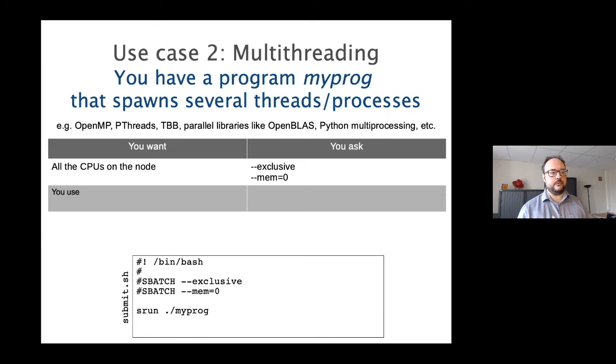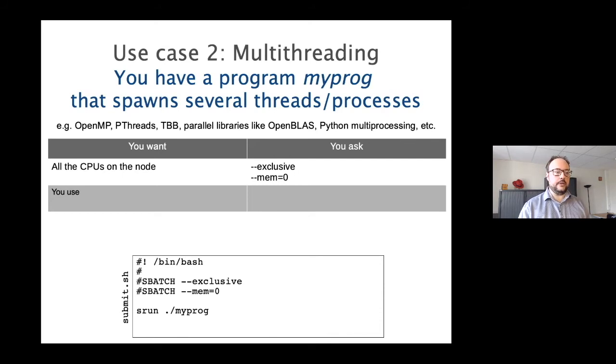Sometimes you do not want to specify exactly the number of CPUs, but you want a whole node for yourself. You can use --exclusive, as I've explained earlier, but in that case, you can also use --mem=0, because otherwise, if you don't specify the memory, your job might be killed if you use too much memory.